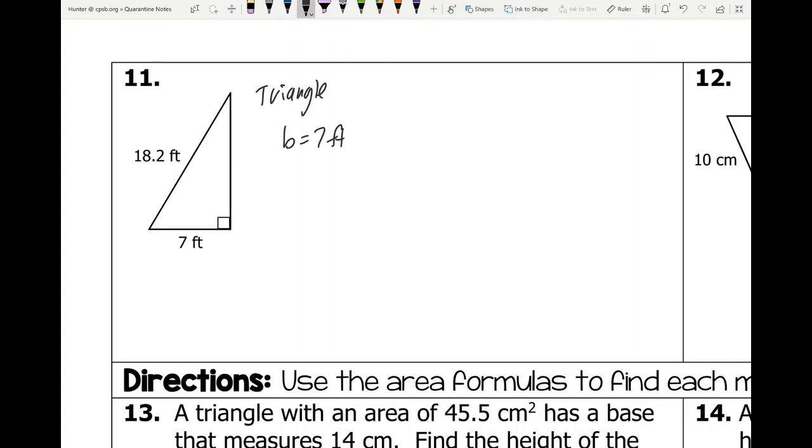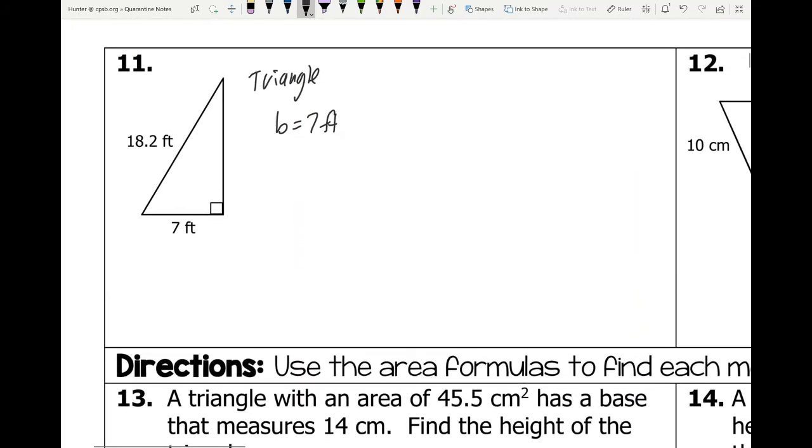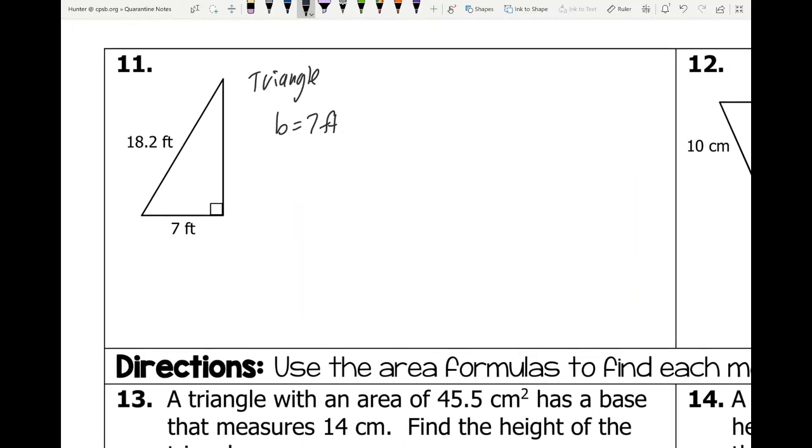But I know that this dotted line that I have in all my triangles, those are always perpendicular to whatever the base is that we're dealing with. So that's the same case for triangles as well. But we have a right triangle, and this other leg is perpendicular to this leg that's 7 feet, which I call my base. So if I find this leg, it's going to be my height.